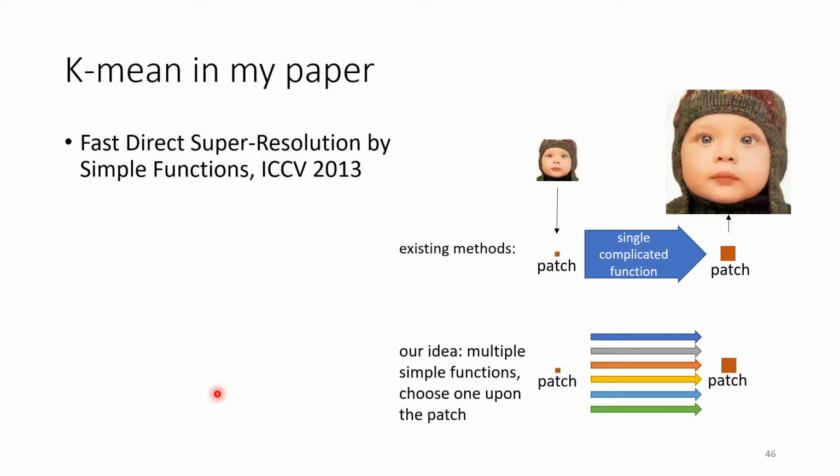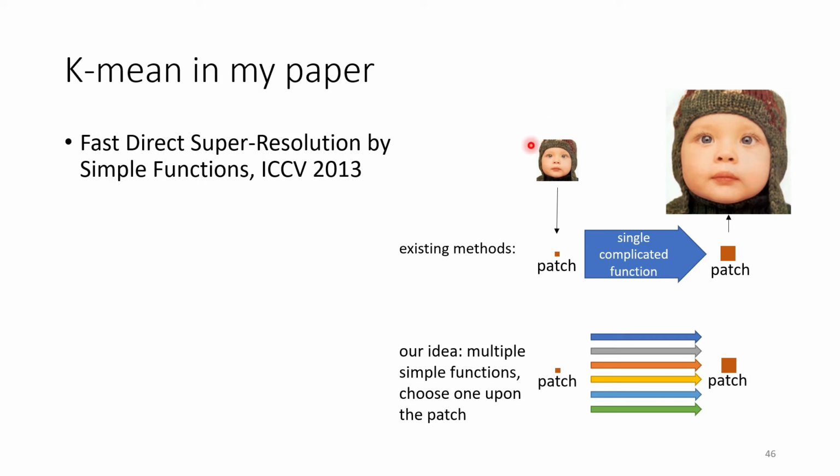Let me show you an example. So this is my paper. I published it 11 years ago. This is a single image super-resolution algorithm. It means given a low resolution image, we want to create a high resolution image.